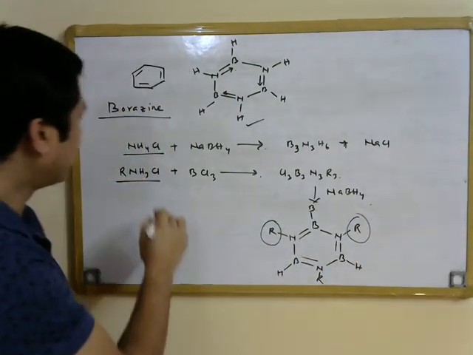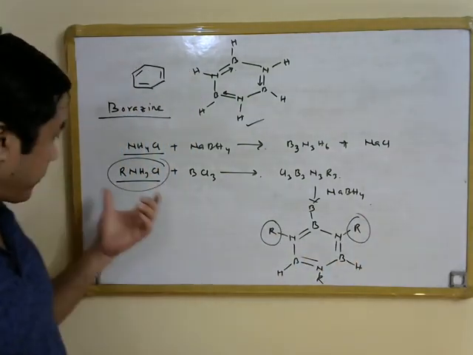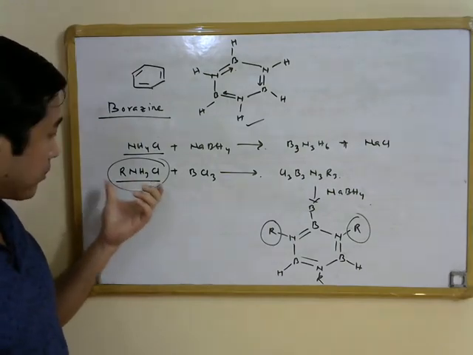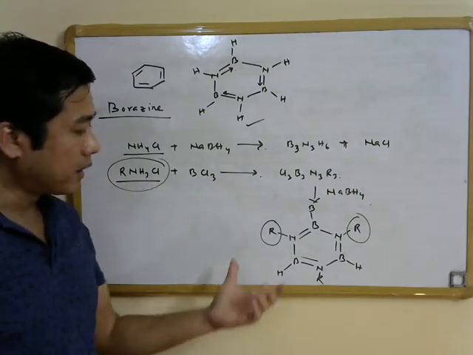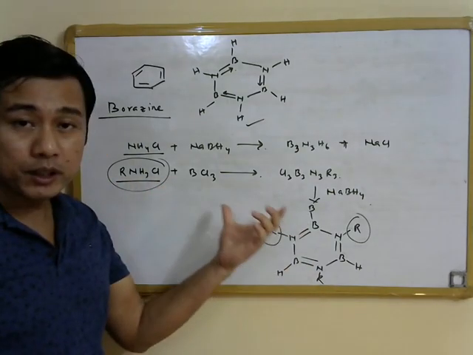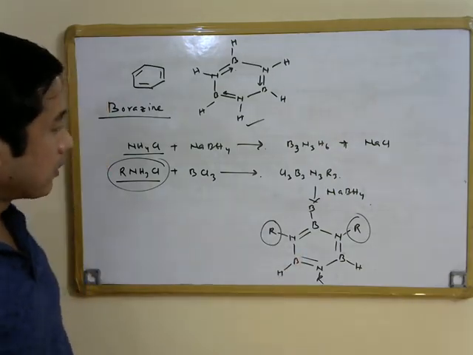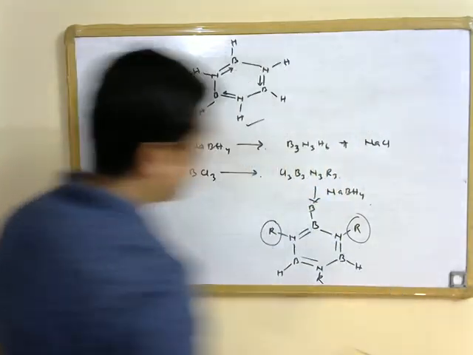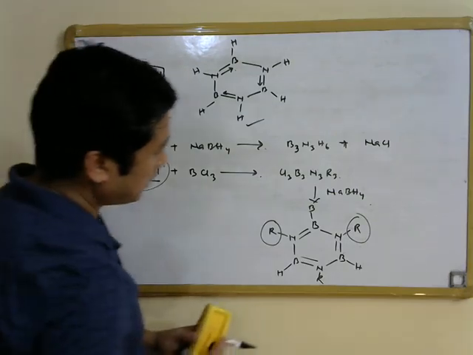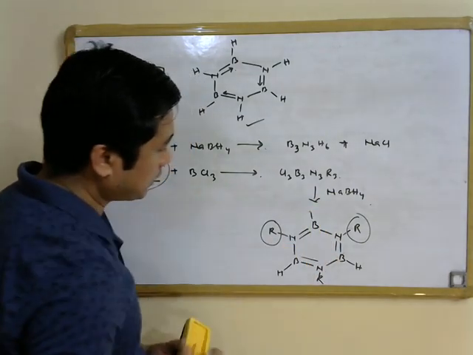So we can start with the right ammonium salt to obtain the substituted Borazines in this way. Sorry, this is hydrogen.